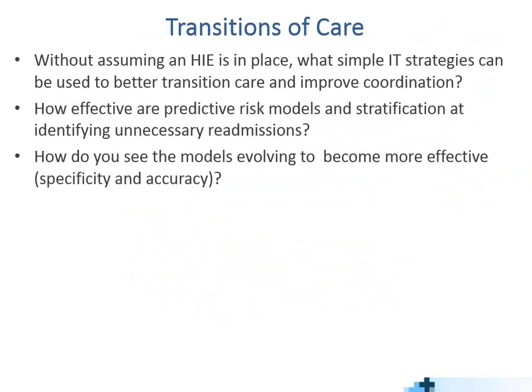You can identify people with comorbidities, people who are having trouble with multiple medications, people who don't understand the care plan very early in the course of this transition, and try to get them into a physician or into a care manager.